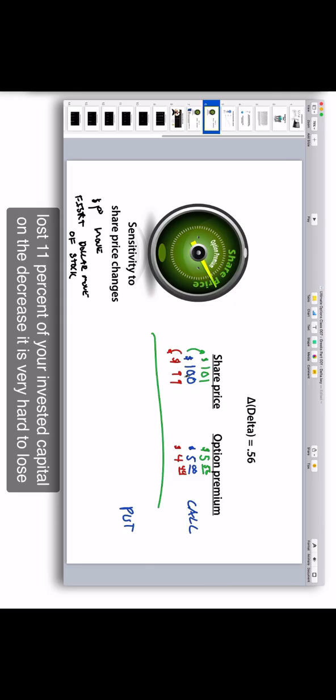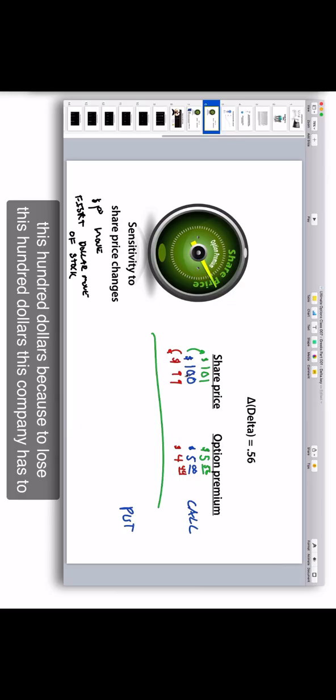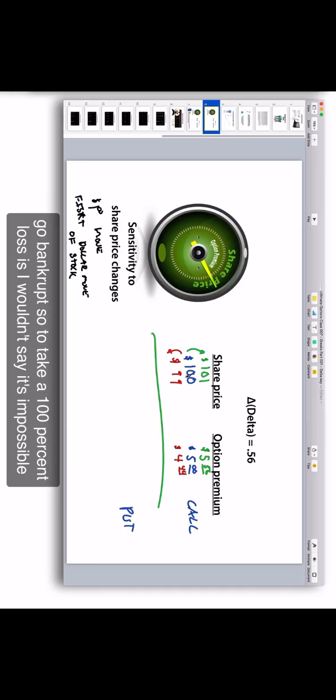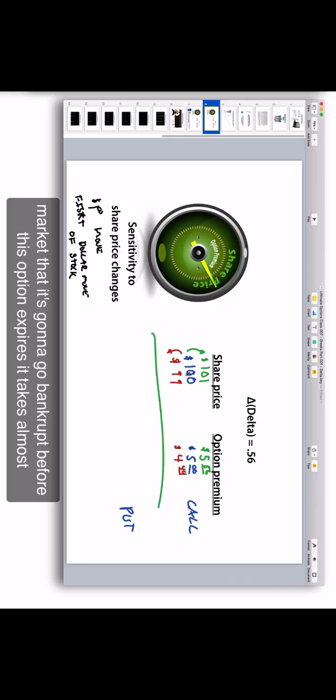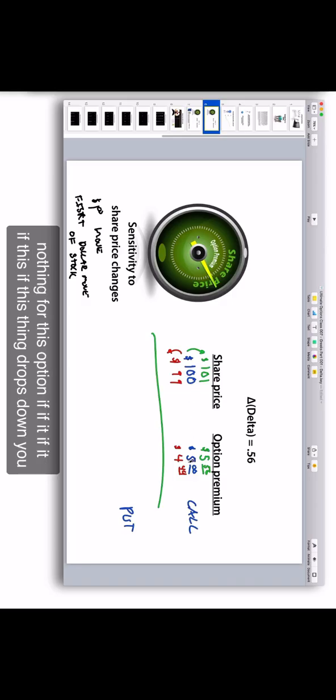It is very hard to lose this $100, because to lose this $100, this company has to go bankrupt. So to take a 100% loss is, I wouldn't say it's impossible, but it's very unlikely that if I buy some $100 stock in a large cap market, that it's going to go bankrupt before this option expires.